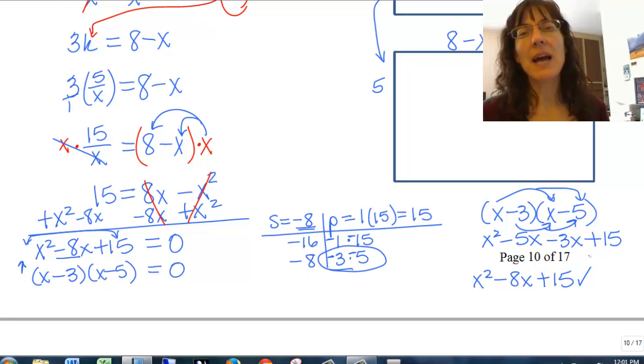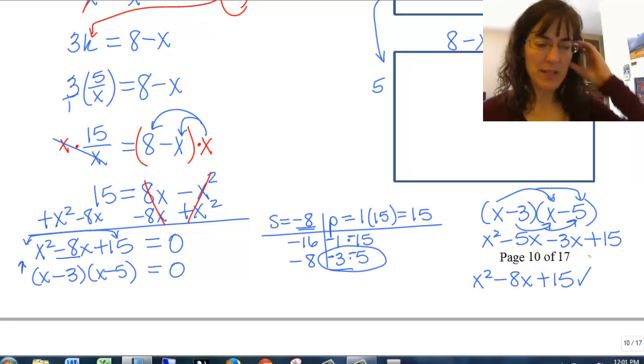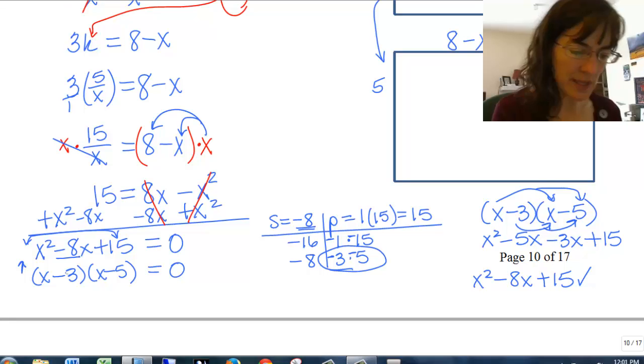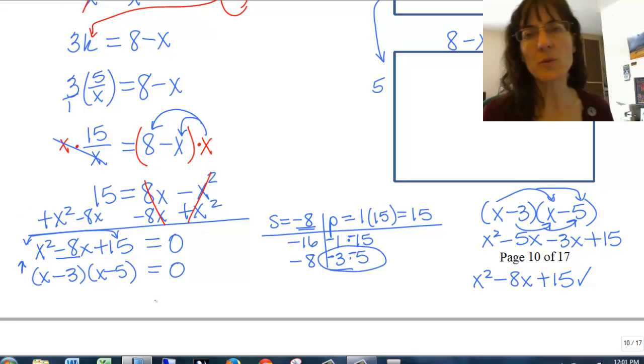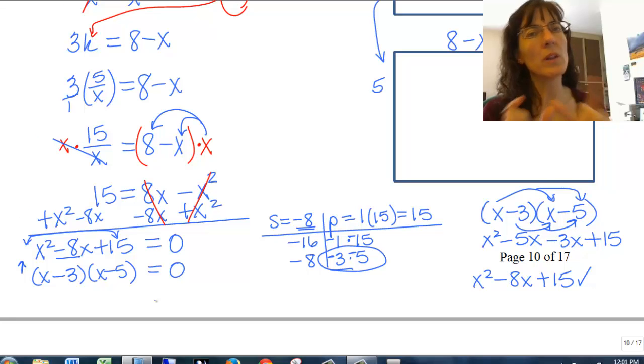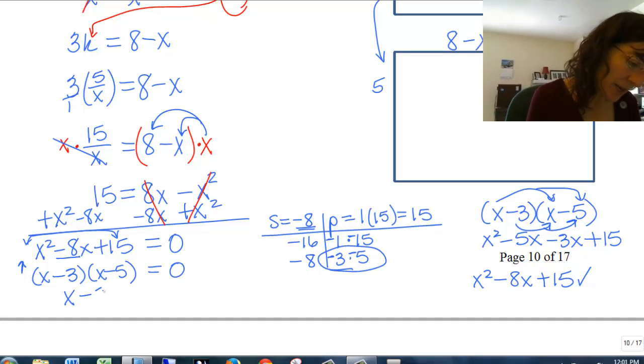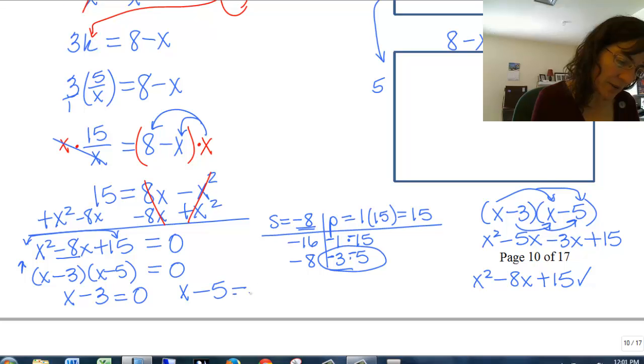Now my last step in this process is to set each factor equal to 0, because I have a product of two things multiplied together to give me 0. One of the two has to be 0. There's no other way to get a 0 as a product. So I have x minus 3 equals 0 and x minus 5 equals 0.